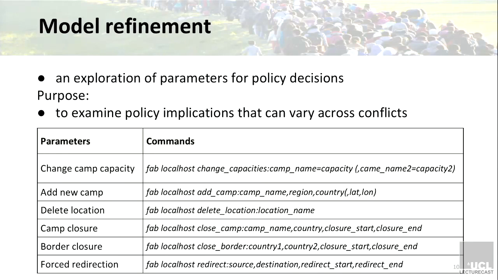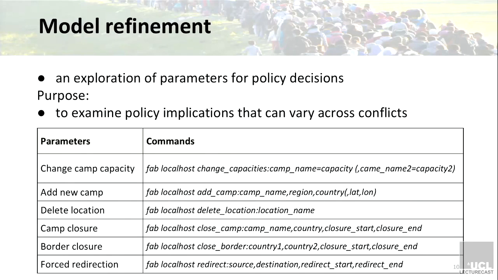We can also refine our model by deleting any location, if one of the locations wasn't that important or had less effect on people moving towards the camps. And then we have camp closures, border closure, and forced redirection. Forced redirection is when people move from one camp to another. So if one camp reaches full capacity, they are moved to another camp which is nearby.